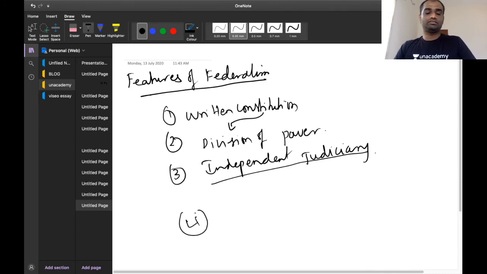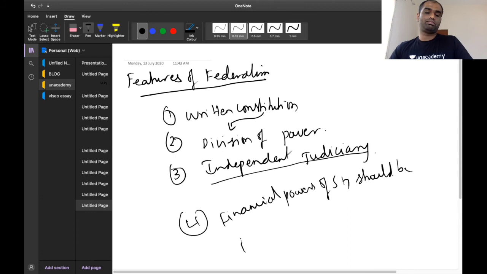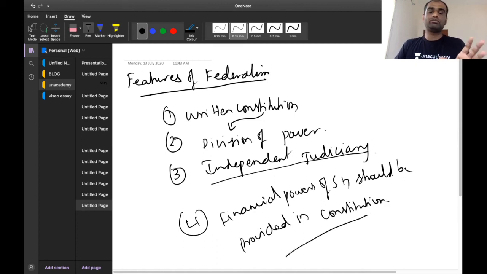And lastly, the financial powers of state government should be provided in the Constitution itself. If all the financial powers are vested with the central government and state governments depend on it for their financial resources, the central government can use this advantage to stifle the powers of state government.